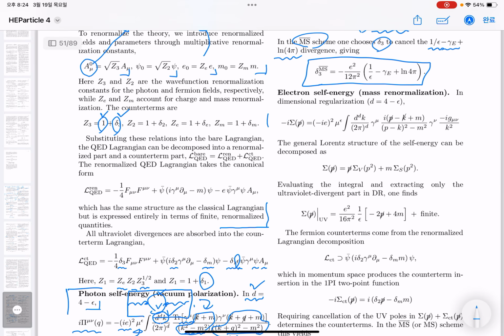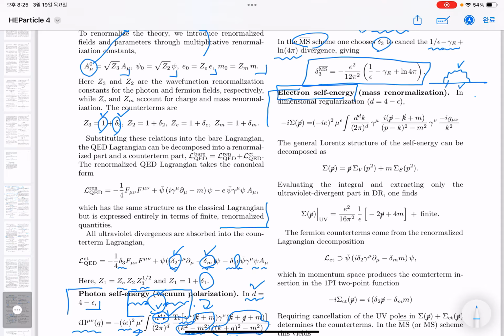Now I turn to the second example, the electron self-energy. From the renormalized mass term, we can determine delta 2 and delta m, these two counterterms. The electron self-energy in the one-loop diagram can be drawn like the following form. Now here there is one photon and one fermion in the internal line.